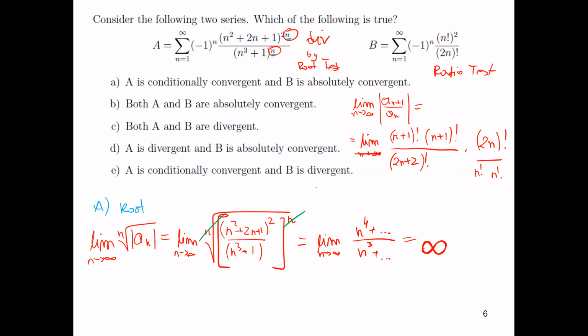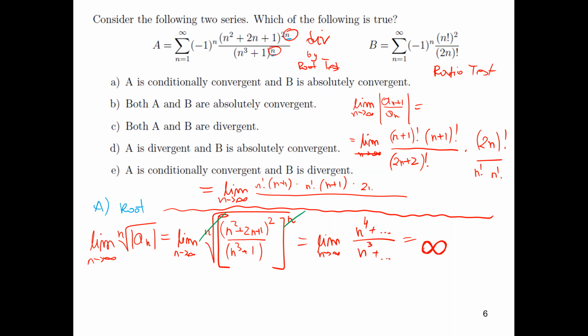And we can definitely simplify. I will say limit as n goes to infinity. And (n plus 1) factorial, I can rewrite as n factorial times (n plus 1). And another (n plus 1) factorial, I can rewrite as n factorial times (n plus 1).